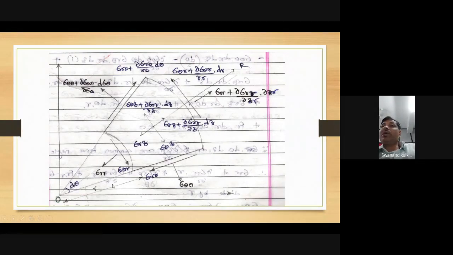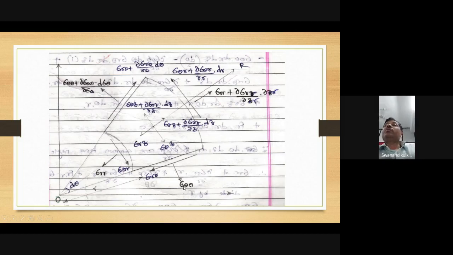So if we consider that this surface is making an angle d theta by 2, the total subtended angle is d theta, but the half angle will be d theta by 2. So with the line OR here, this surface is making an angle d theta by 2. Similarly, this opposite surface is also making an angle d theta by 2.